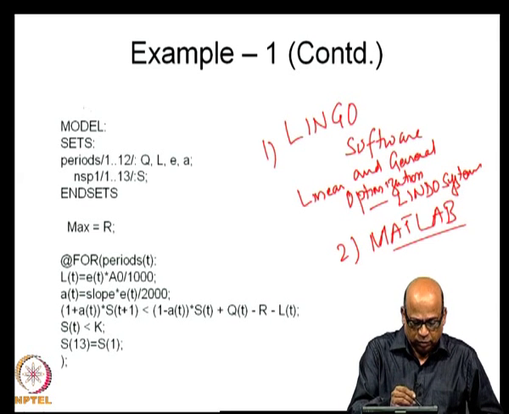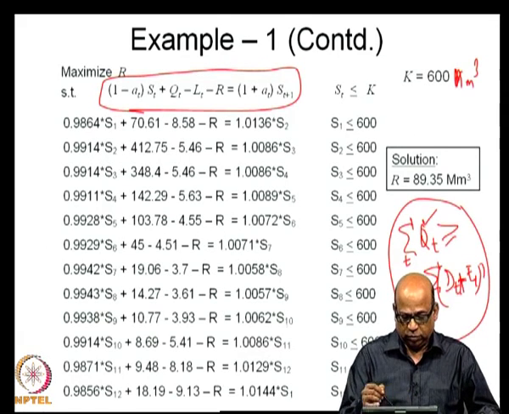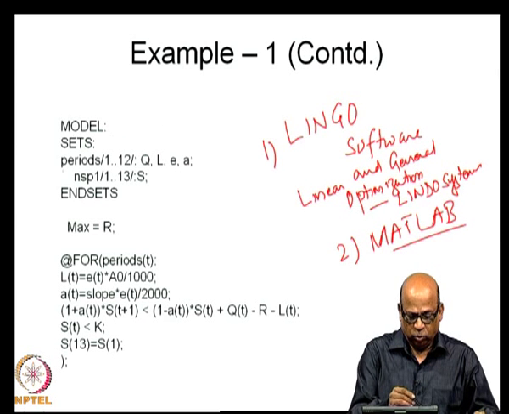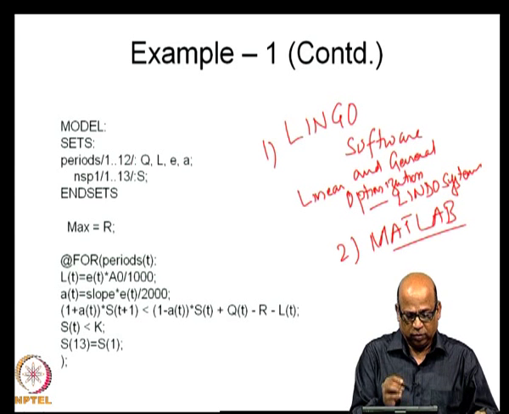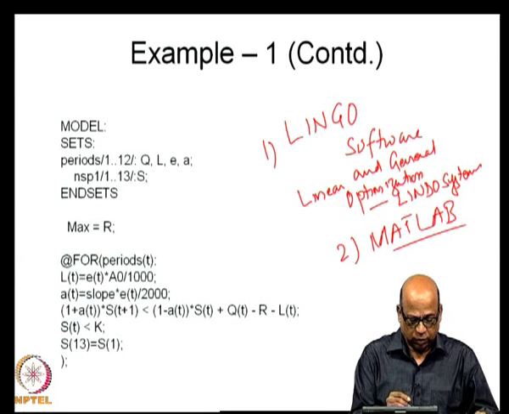For the Lingo, the entire model that I wrote here, all of this can be written in a very compact form like this. Now, I will not go into the details. You define essentially Q, L, E, A, etcetera as arrays of dimension 12, S as dimension 13, because you need S 13 is equal to S 1.